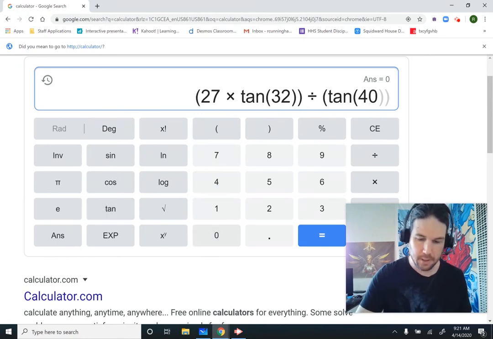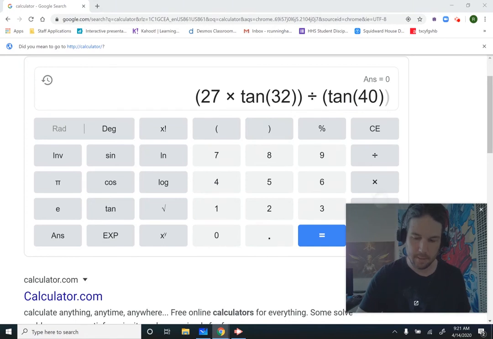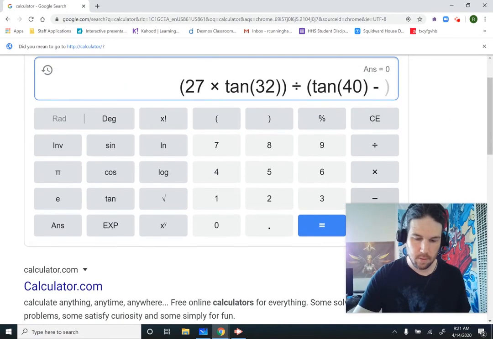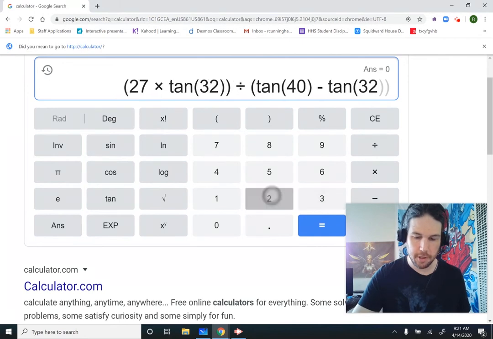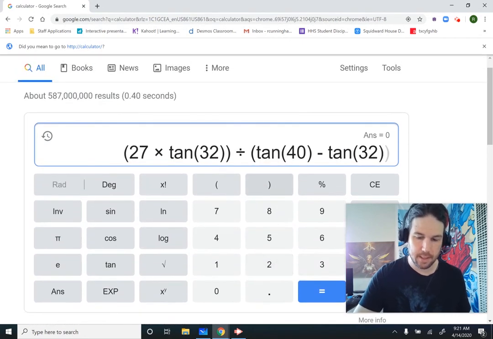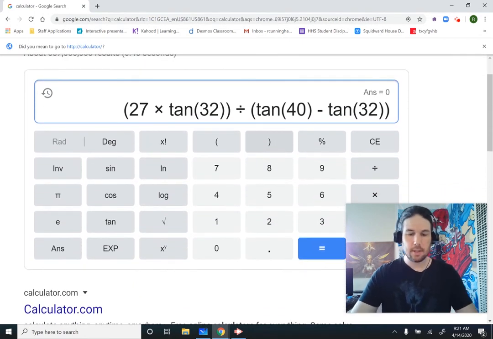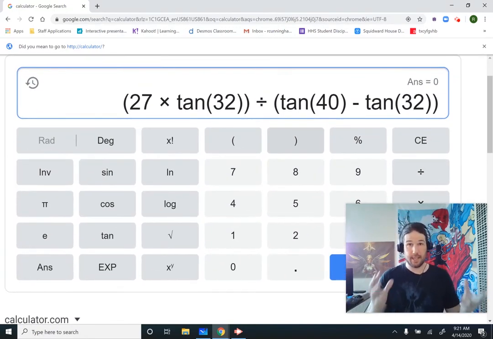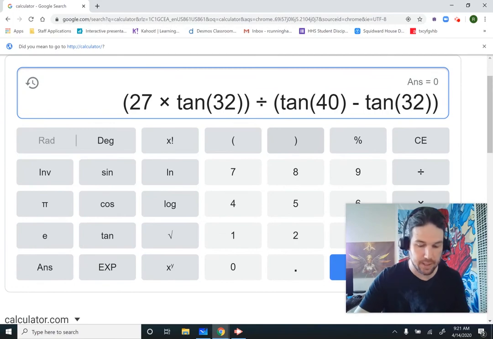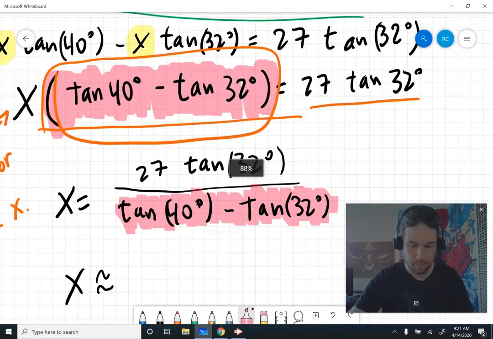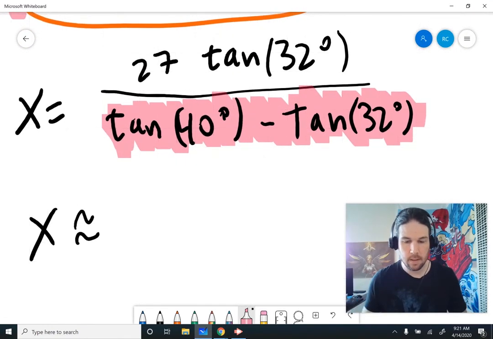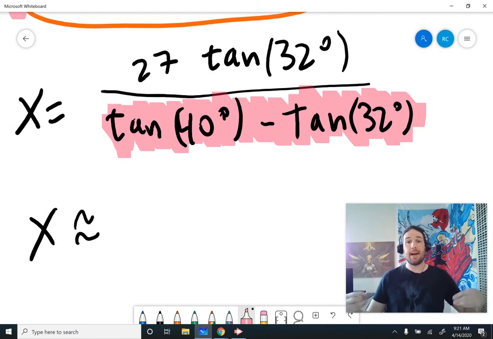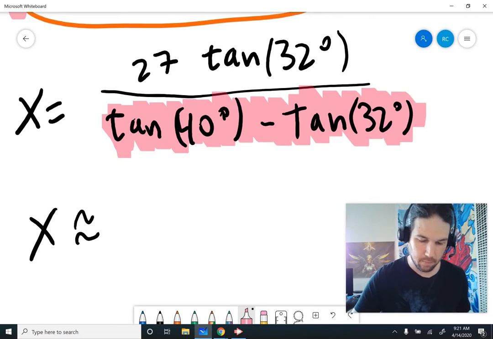Tangent 40, end parentheses, minus tangent 32, end parentheses. So I'm going to stop for a second and make sure you understand why this is what it is. We're taking 27 times tangent of 32, that's the top. And we're dividing it by tangent of 40 degrees minus tangent of 32 degrees.